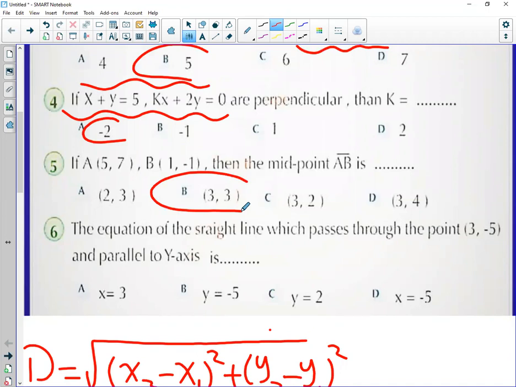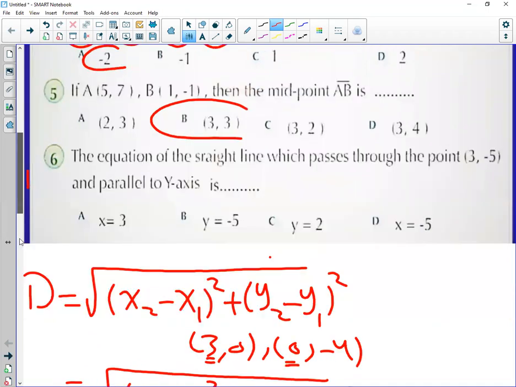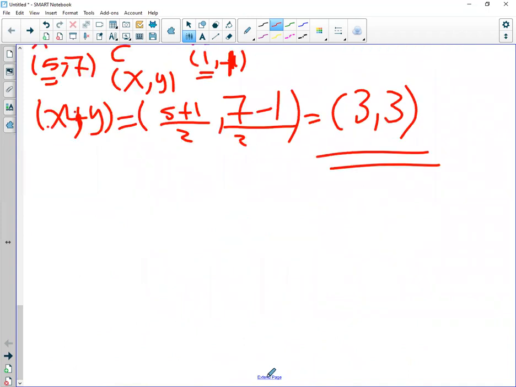Number 6: the equation of the straight line which passes through the points 3 and -5 and parallel to the y-axis. Let's write it.